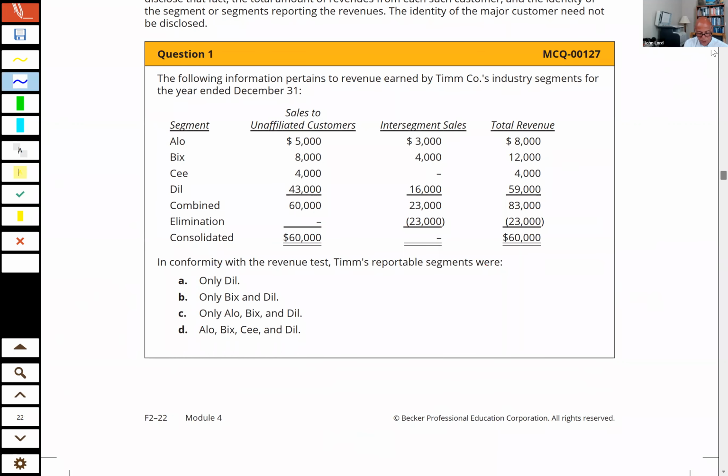We have this information, and they want to see which of these are reportable segments, and they tell me to use the revenue test. That's why I said flashcard, because they don't tell me the revenue test is a 10% test. I have unaffiliated, intersegment sales, and total. Now I look to the unconsolidated number, don't I?